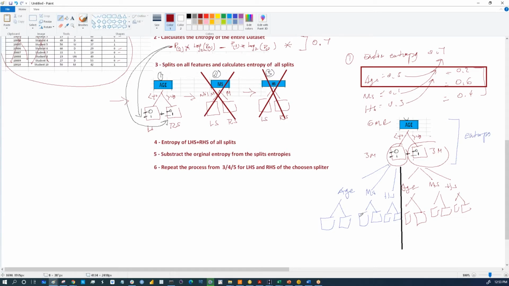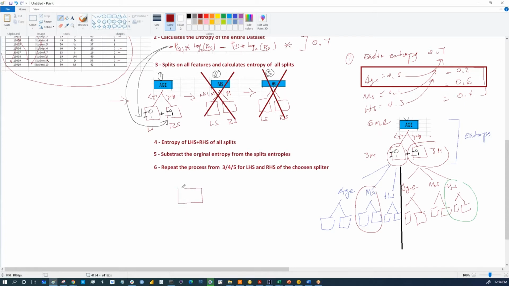So we are going to calculate the entropy of left-hand side age, left-hand side MS, left-hand side hour spent, right-hand side age, MS, and so on. So let's assume that MS is the winner for one side, and hour spent is the winner for the other side. So the split is going to look like this.